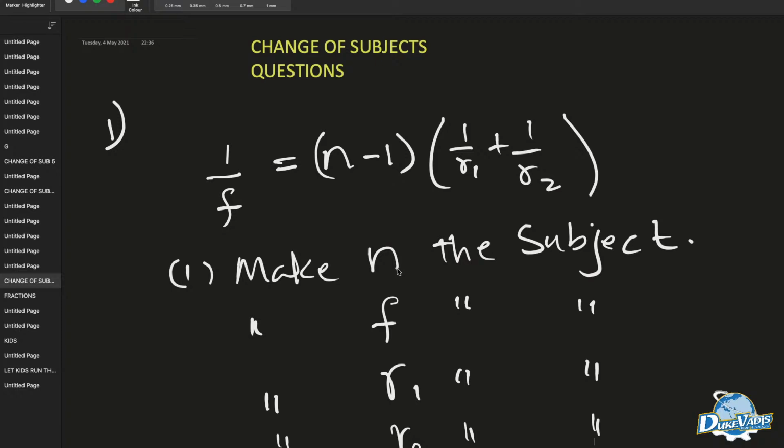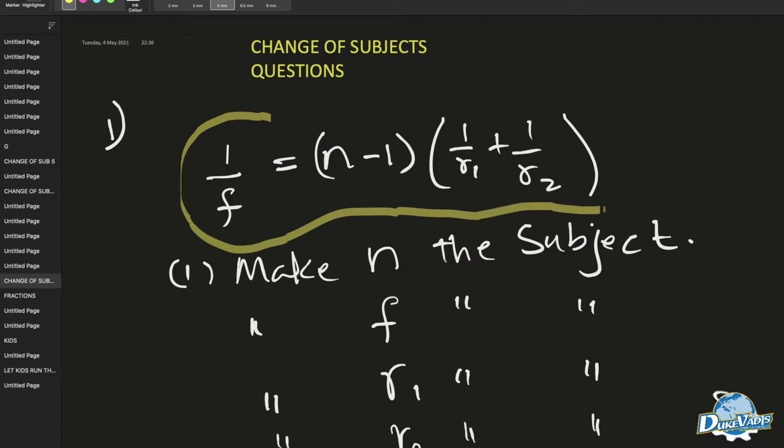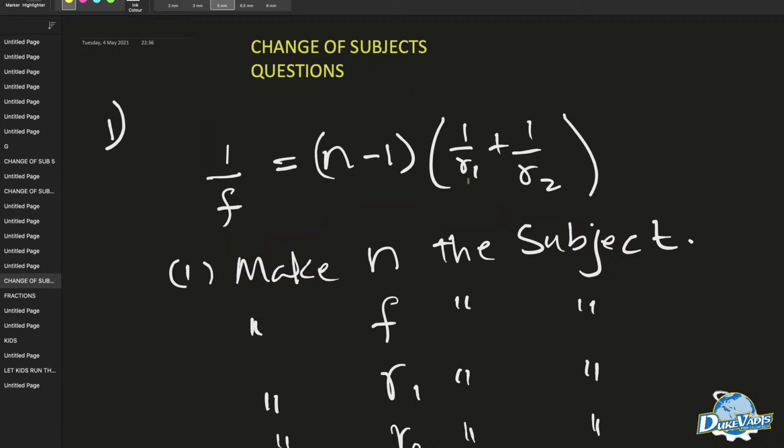All right, now let's look at the other one we will do as well. When we highlight them, you can see that this equation is so beautiful. So we are going to tackle this one, and our interest is going to be how we can make n the subject, or r1 or r2.